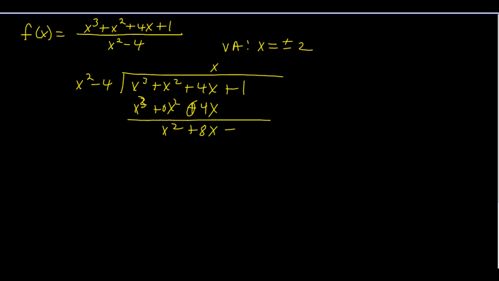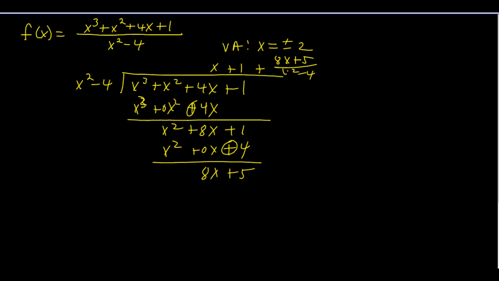When I subtract, x squared goes into x squared one time. I get x squared. I have no x's, and then minus 4. So when I subtract, I get 8x plus 5. x squared doesn't go into that, so I have a remainder of 8x plus 5 over x squared minus 4.